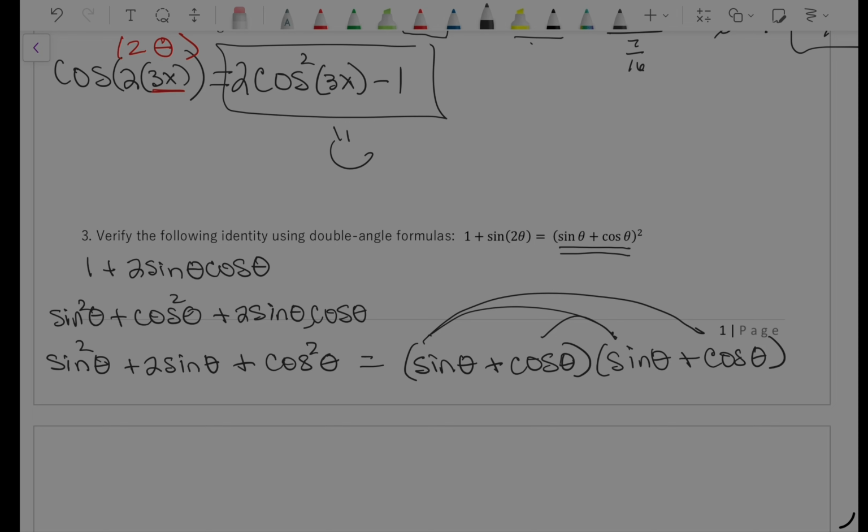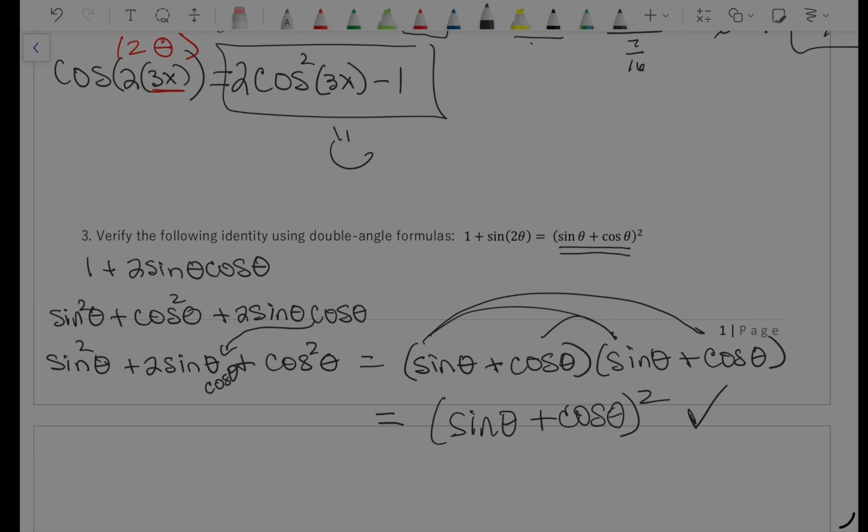Ooh, typo right here. Should be cosine theta there too. My bad. Resulting in 2 sine theta cosine theta plus cosine squared theta on the back end. So this is equal to sine of theta plus cosine of theta squared, because there's 2 of them.